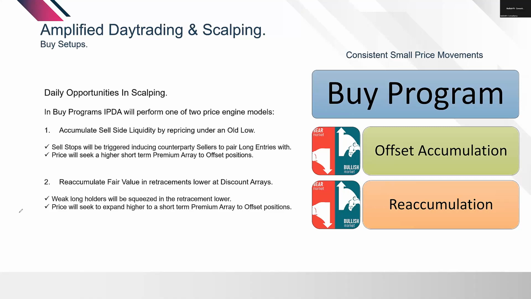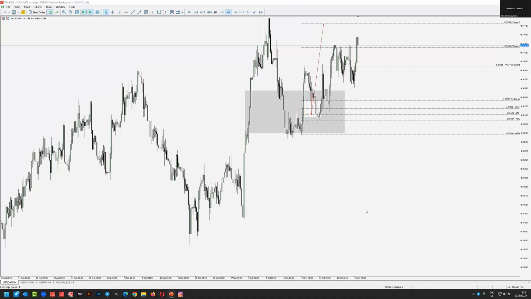We refer to those people as week long holders. Now, price will seek to expand higher to a short-term premium array to offset position. That's the same thing when the market is in a reaccumulating engine model.